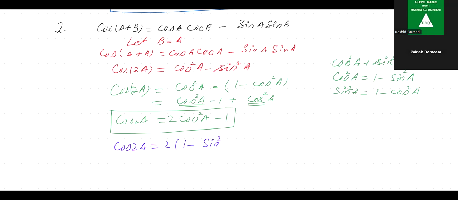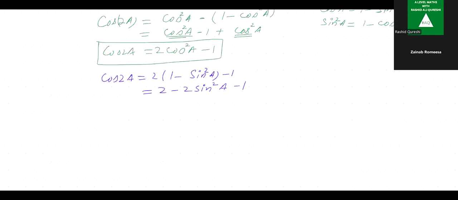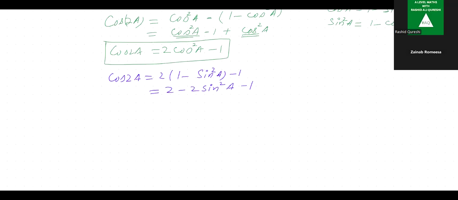So that becomes 2 minus 2 sine square of A minus 1. That becomes 2 minus 1, which is 1, minus 2 times sine square of A.